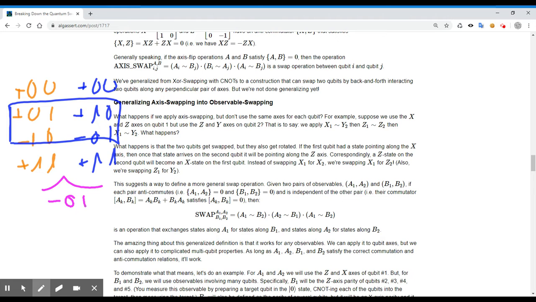Because this cancels out, then these would cancel out with these, but you still need another one, so you actually need to have that twice, and then you need to have that twice.